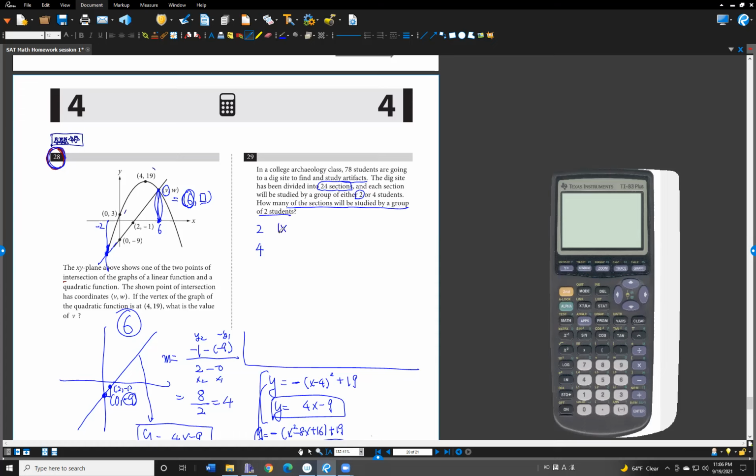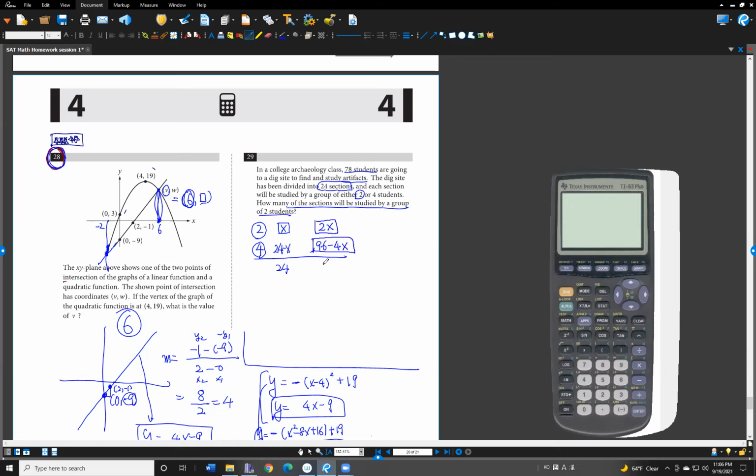That is the number of sections, x. You're going to find this number x. The total number of sections is 24, so 24 minus x is the number of sections for the four-person group. We need the relation with the total number of students, which is 78. Two people times x sections is 2x students, plus 4 times (24 minus x), that is 96 minus 4x students.